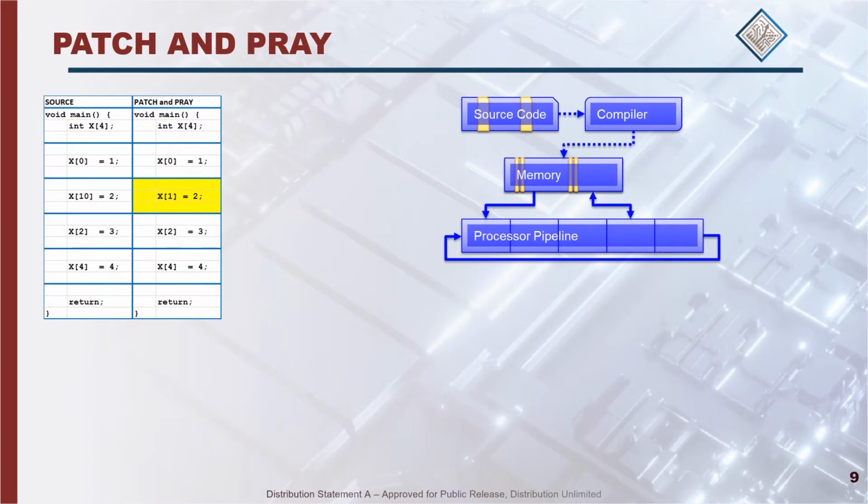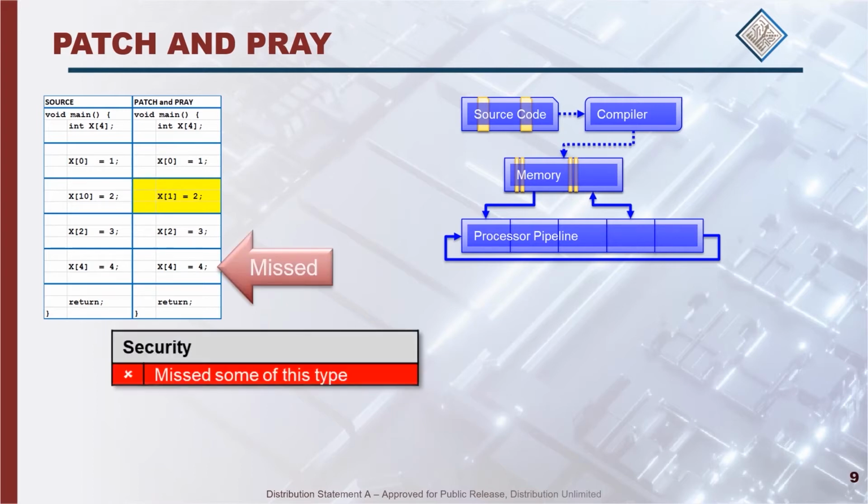So from a security point of view, what has happened here? We have patched the one thing there, and we are praying that there are no other faults. Now, I don't know if anyone has noticed this, but there is another fault here. The programmer has used the index 4 for that last one.